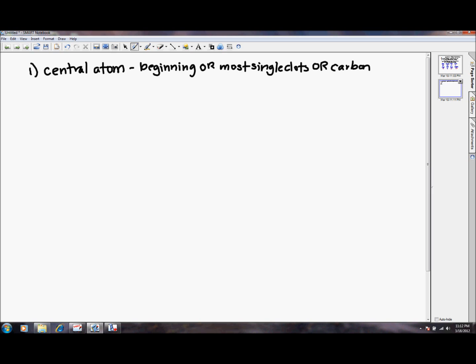Even DNA, all of the parts of the DNA molecule, from the phosphate backbone to the amino acids themselves, are all based on some string of carbon atoms that have other things attached to them.